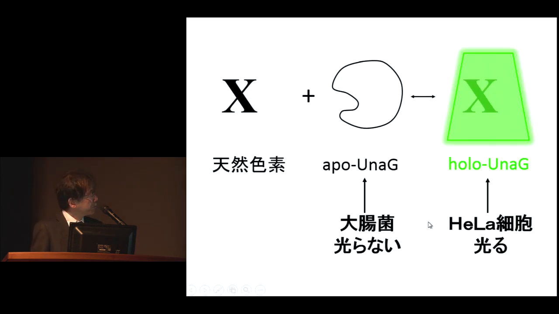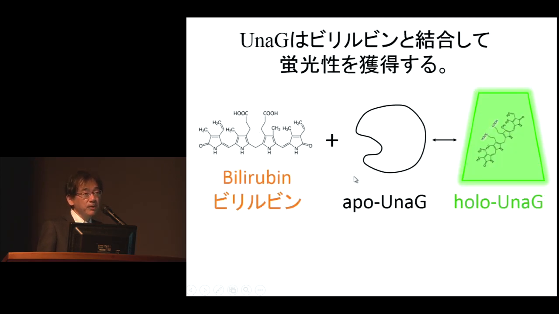So we hypothesized that the protein required some factor to fluoresce. We spent 2 or 3 years to identify the ligand X, and finally we discovered that bilirubin is the ligand.